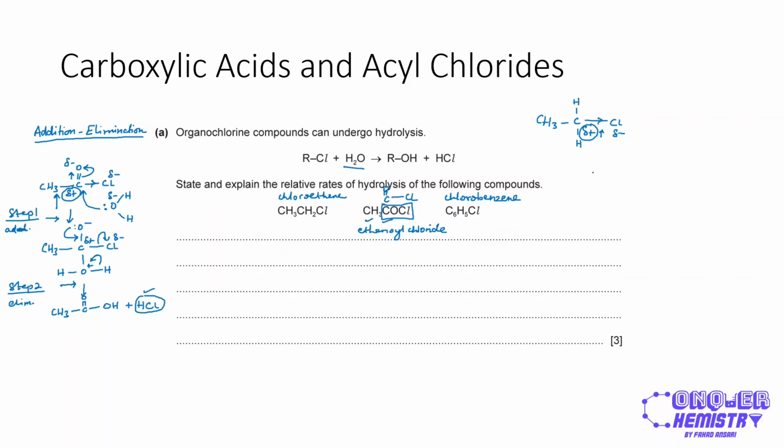And in the case of chlorobenzene, there are two reasons why this nucleophile won't be attracted at all. First, the partial positive of this carbon bonded to the chlorine is going to be delocalized over this entire pi bonding system, right?